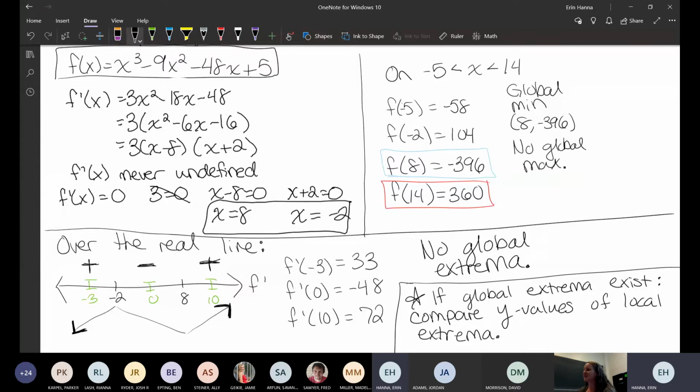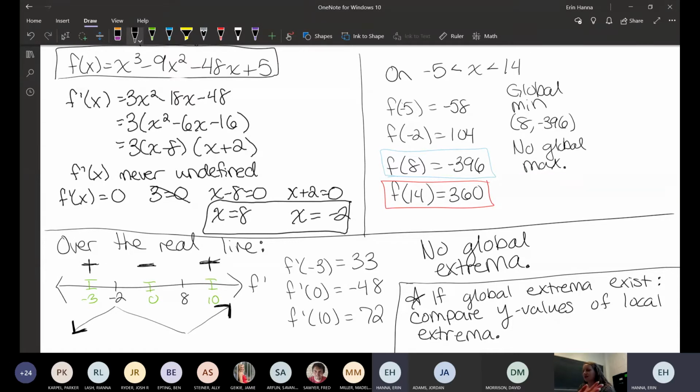So if global extrema can exist, they are going to be at one of the local extrema. Like if you know that global mins can exist and you only have one local min, then it's going to be at that local min. But if you have multiple local mins, then you need to compare their y values to figure out which one's global.